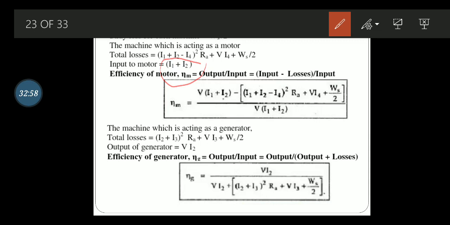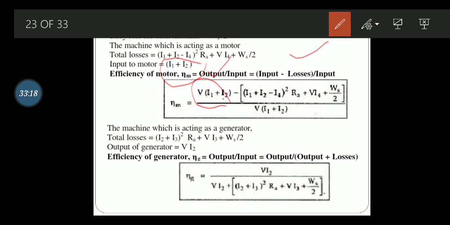Then finally the efficiency of the motor can be calculated as eta m equals output divided by input, where output can be represented as input minus losses, divided by input. Now substitute the values of the input and losses.